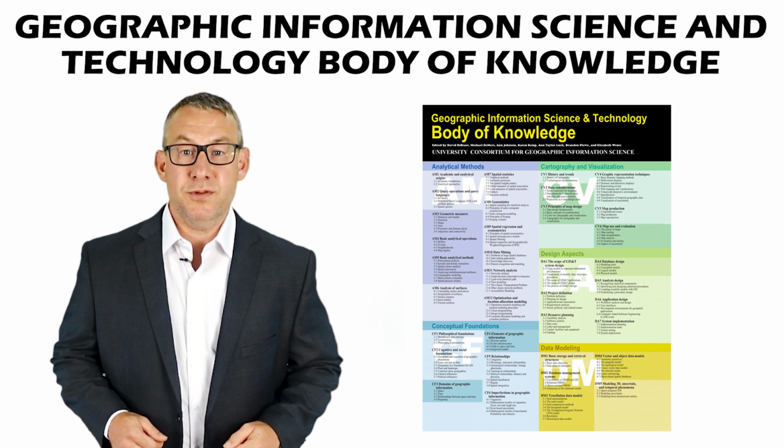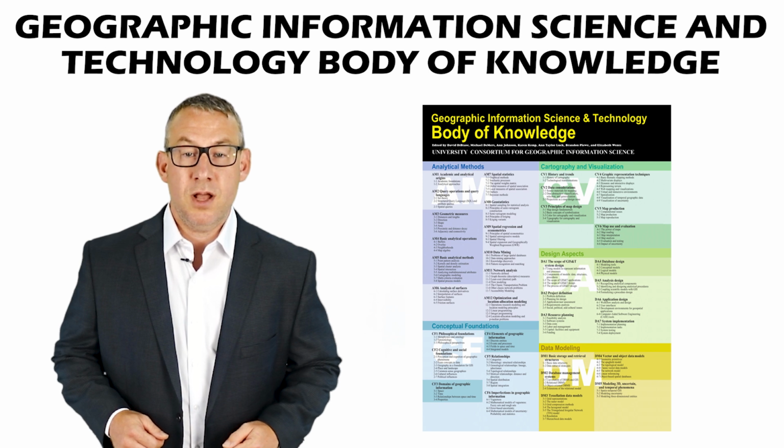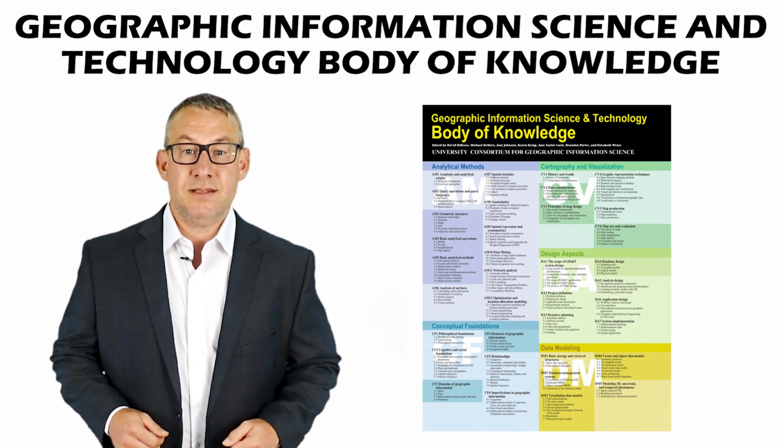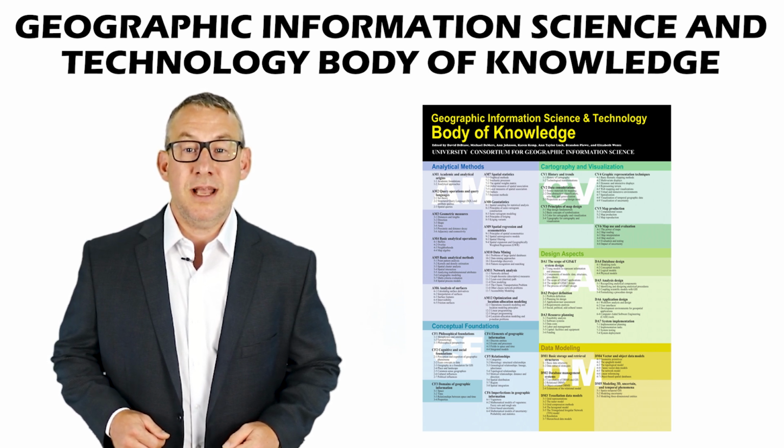It was first produced by the University Consortium for Geographic Information Science. It was published by the Association of American Geographers in 2006. It is the basis for the Geospatial Competency Model.